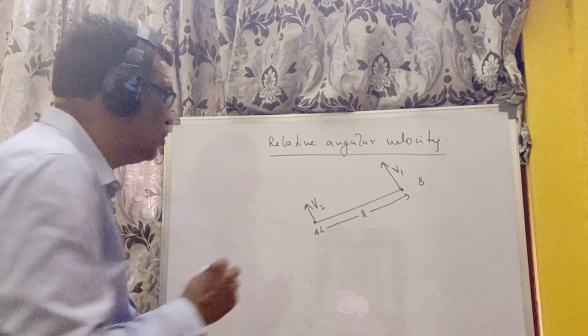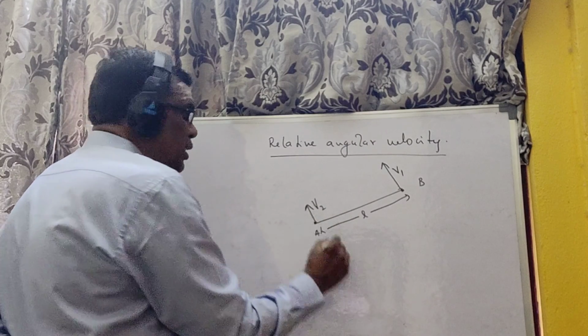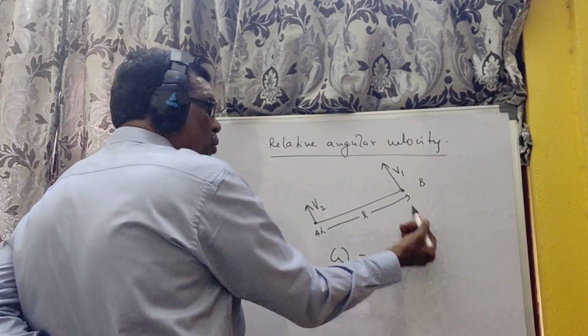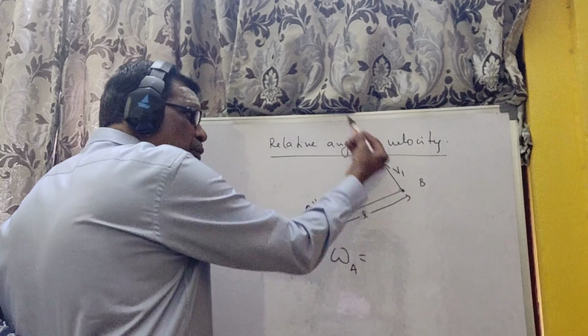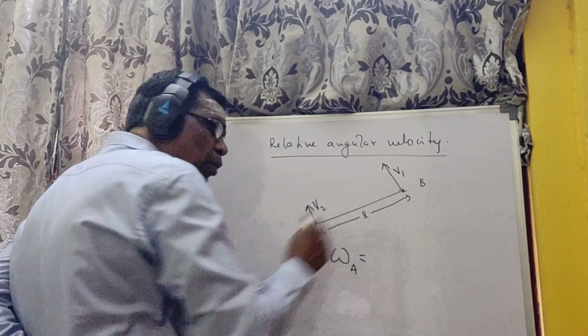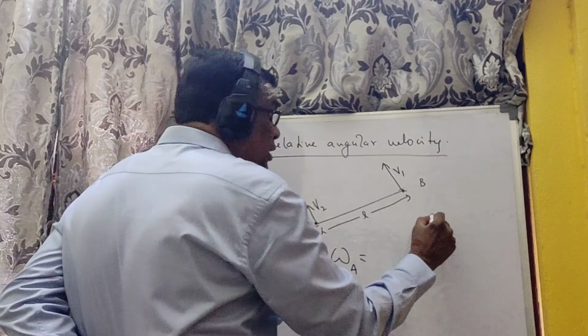Suppose I ask you. With respect to point A, omega, I'll take the perpendicular component to the line joining these two points. So the perpendicular distance is L.